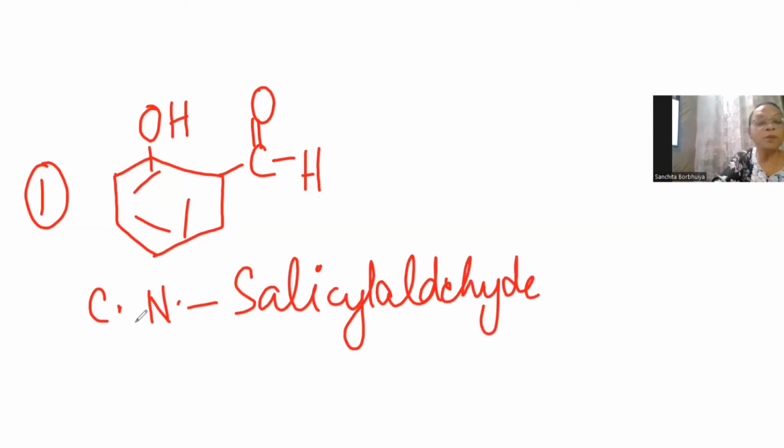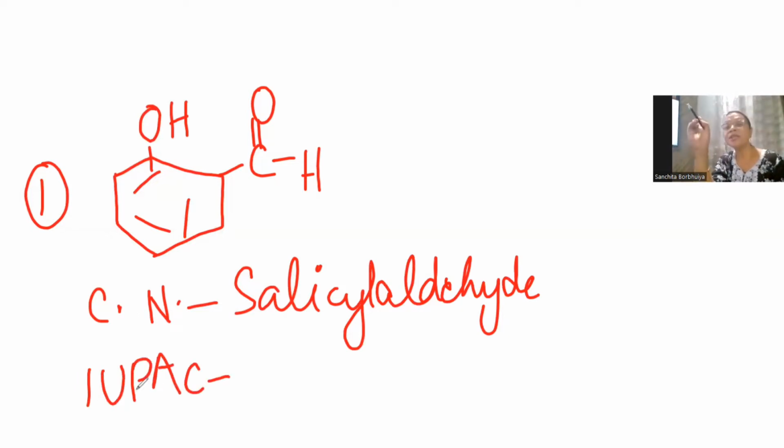Now the IUPAC name starts with the group which has more priority compared to the OH. So this compound is also called 2-hydroxybenzaldehyde, which is the IUPAC name of this compound.